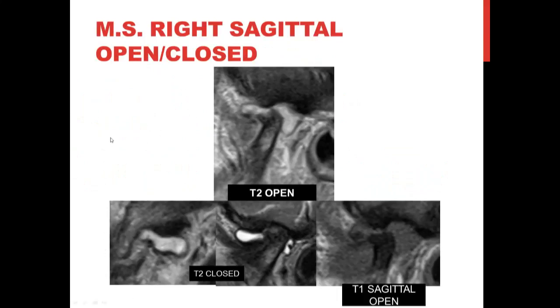This is an imaging study of the second patient whose arthroscopy I showed you in the video The Real Cause of Disc Displacement. So if you need to go back and refresh your memory, or you haven't viewed it before, you can take a look at this. And here's a patient that has a lot of fibrous tissue. You can see that on the arthroscopy as well in that portion of the video.